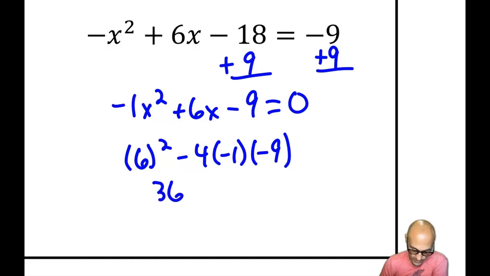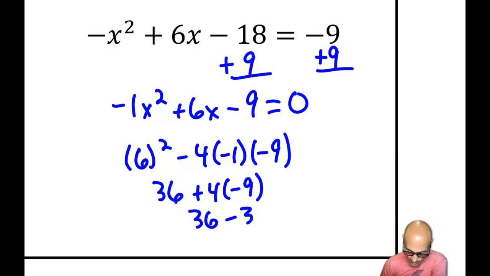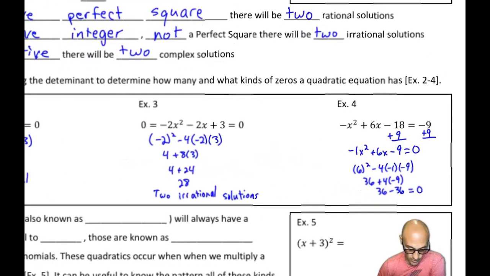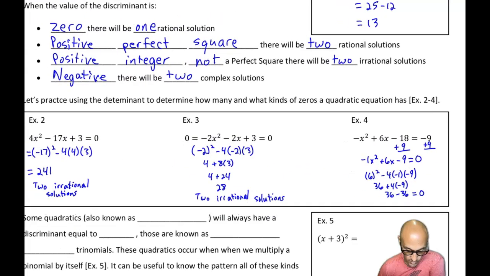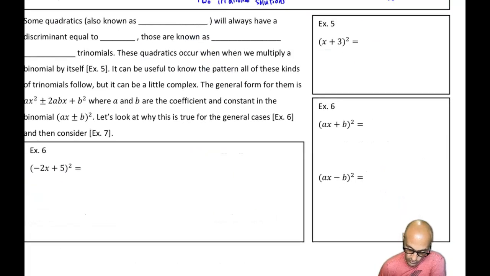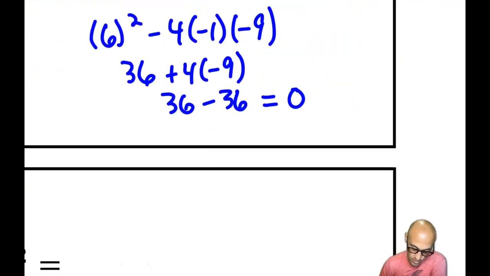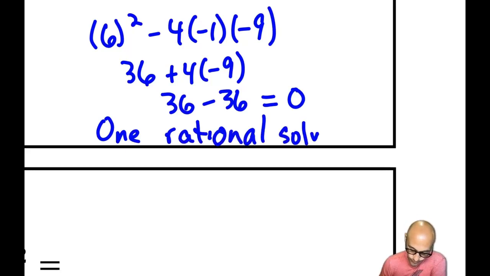That's going to be 36 plus 4 times negative 9. 36 minus 36 is equal to 0. Oh, so there's a different one. So in this case, 0 says there will be one rational solution. So here, one rational solution.